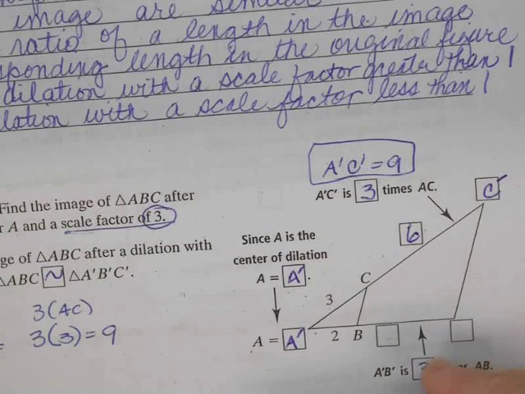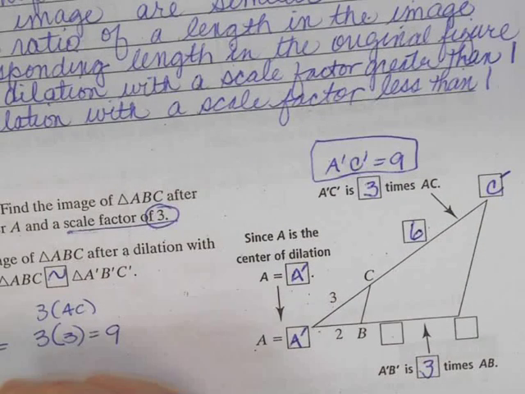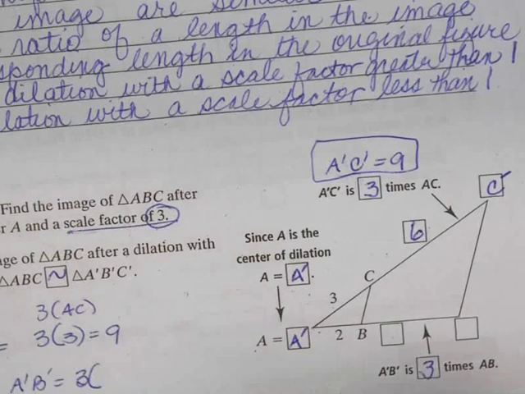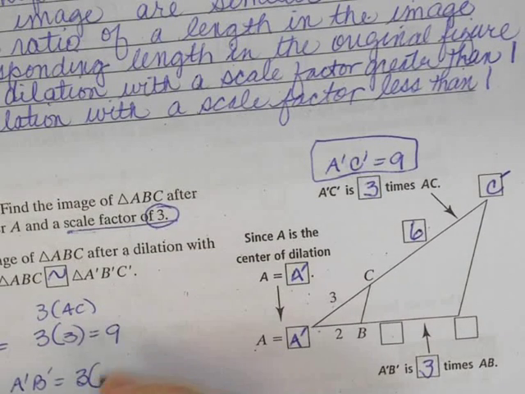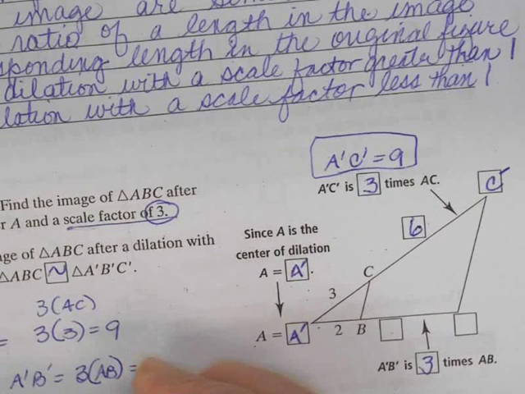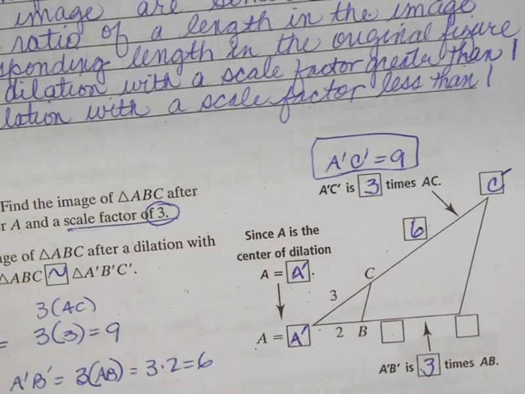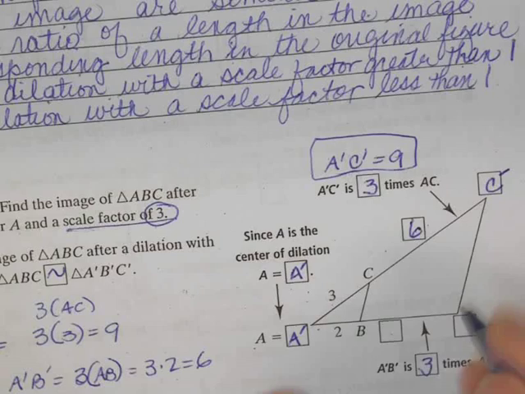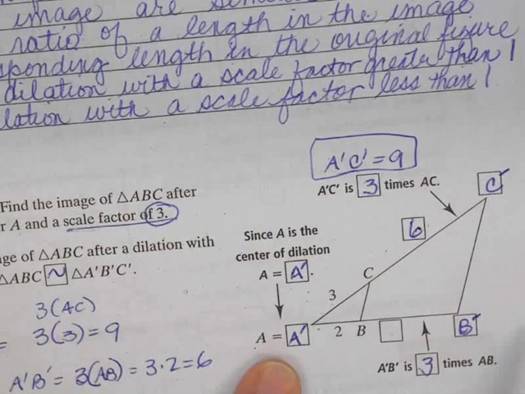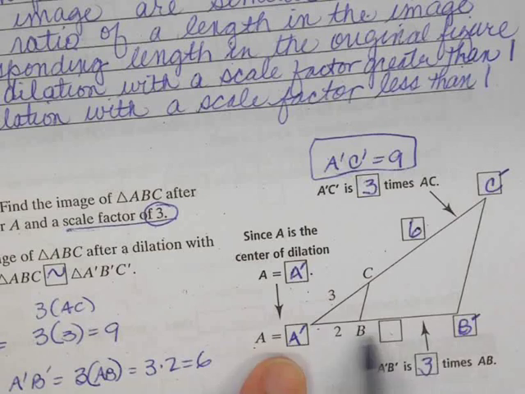Same process down here. A prime B prime is 3 times AB. So A prime B prime is going to be the scale factor 3 times the length of AB, or 3 times 2, which is 6. So all across here, A prime to B prime, this is B prime, is going to have to total 6.